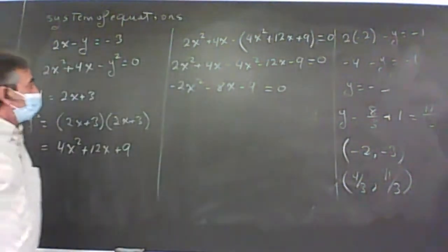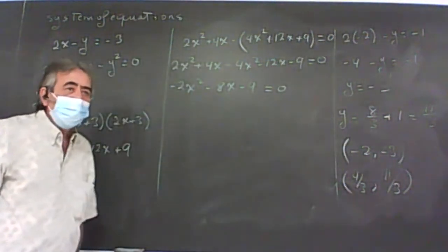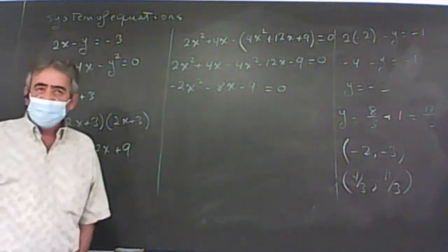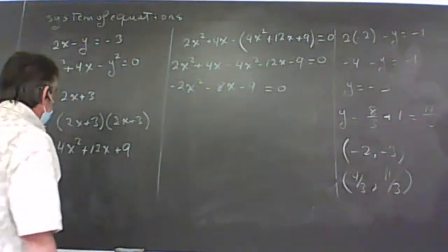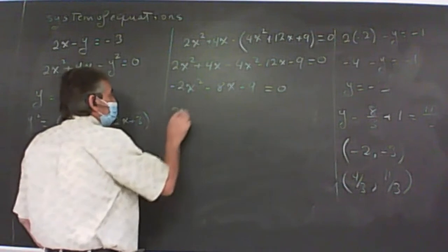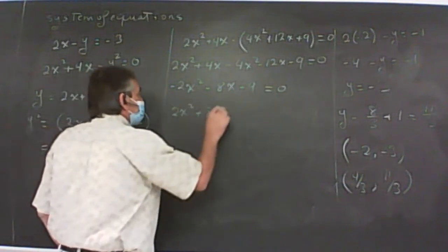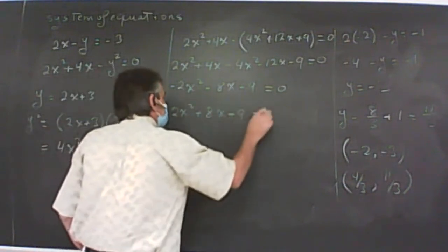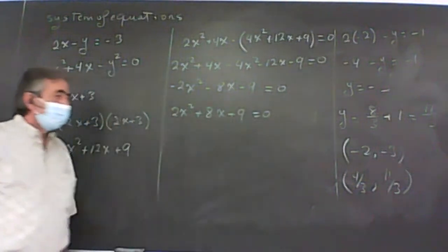I don't like the negatives, do you? I just multiply the whole equation by a negative. So what do we get? 2x squared plus 8x plus 9 equals 0.